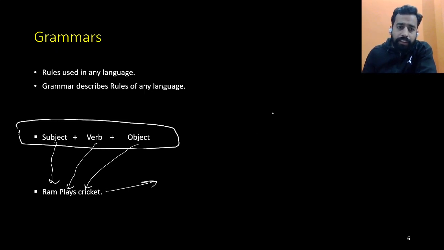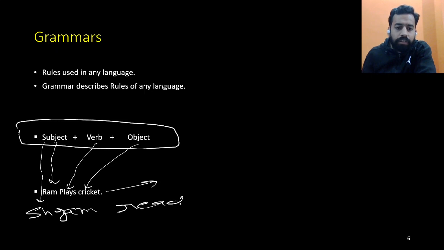Can I make another sentence? Yes. Further, I can create another new subject, for example, let me use the word Sham. Another verb is reads, and object, a book, or you can say a book, not a problem.